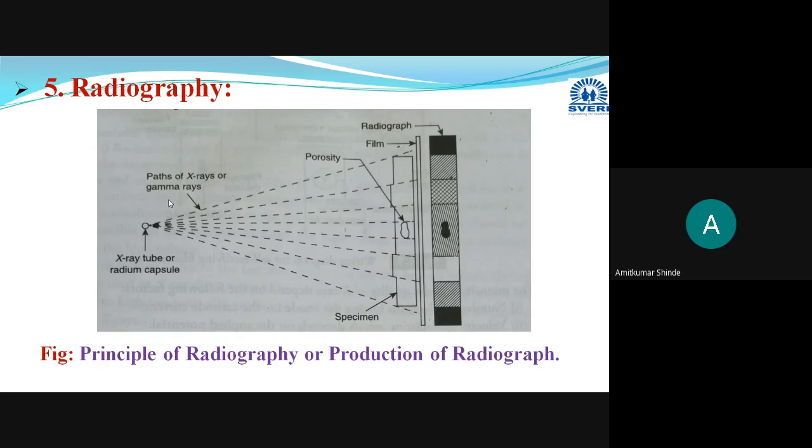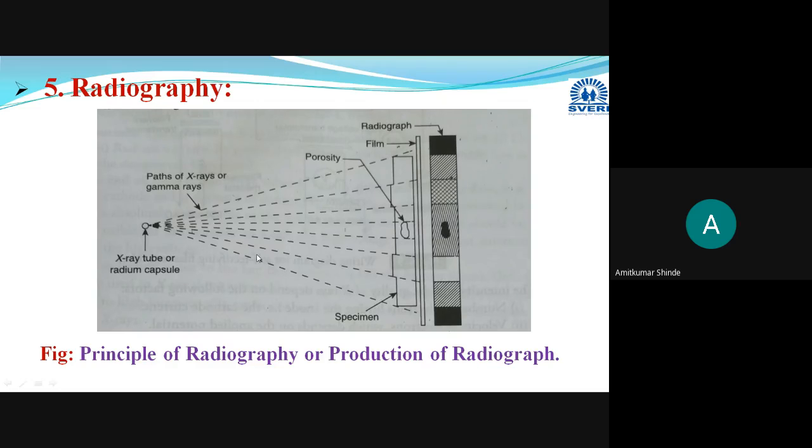Depending on the source used. In X-ray radiography, you are using X-rays as the source to perform the radiography. When gamma rays are used to perform the testing, it is termed gamma ray radiography. The process is the same for both types, and the same diagram can be drawn for both.